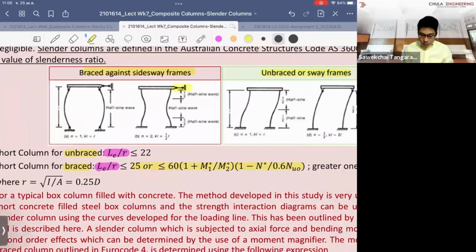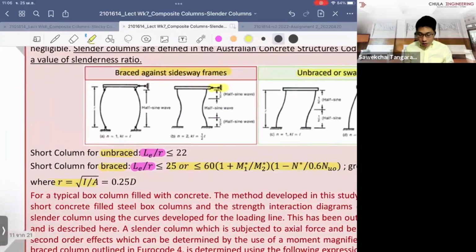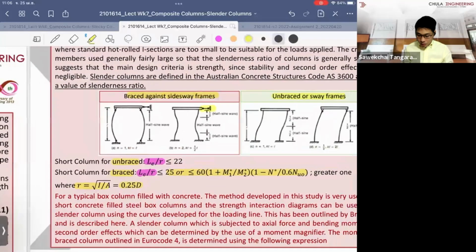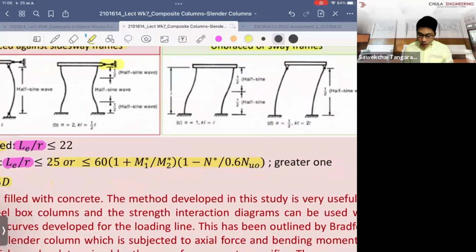When we discuss braced columns, this is I over r, this is 0.25D for the typical rectangular column, so we can use this. Normally it has to be written in terms of the ratio, similar to the steel standard, M star 1 divided by M star 2, and we have these ratios here.